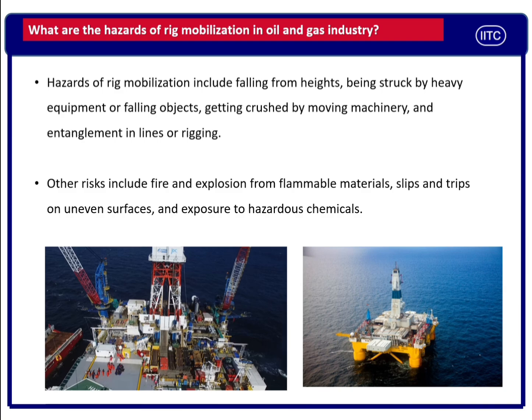Other risks include fire and explosion from flammable materials, and slips and trips on uneven surfaces. This can also take place. And next we can see is exposure to hazardous chemicals. So these are the hazards of rig mobilization in the oil and gas industry.